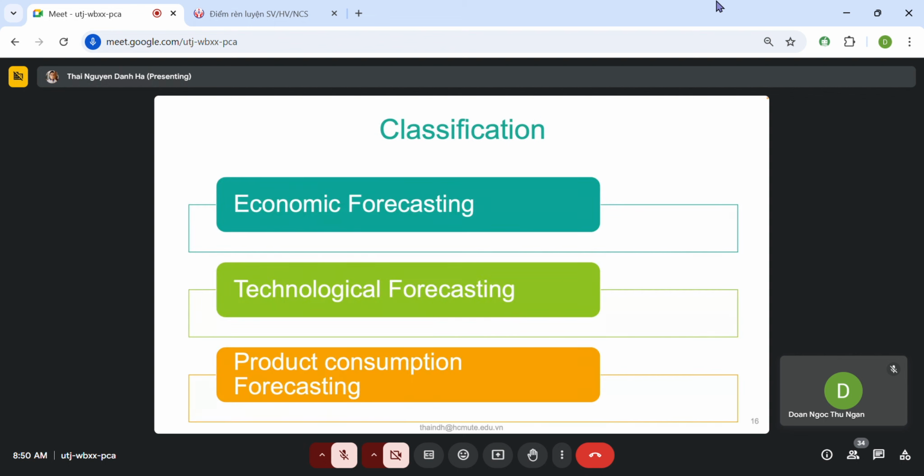And we have classified the whole forecasting process into three main types: economic forecasting, technology forecasting, and product consumption forecasting.